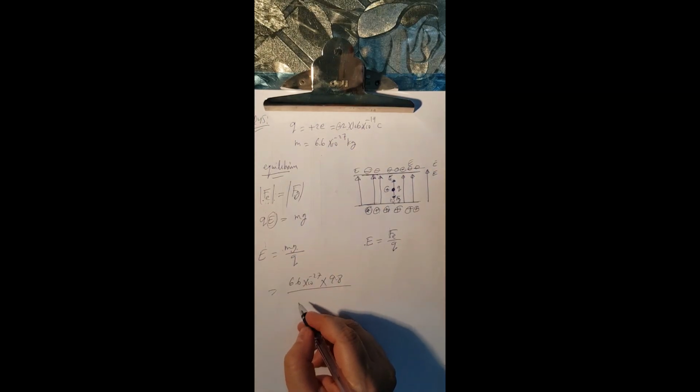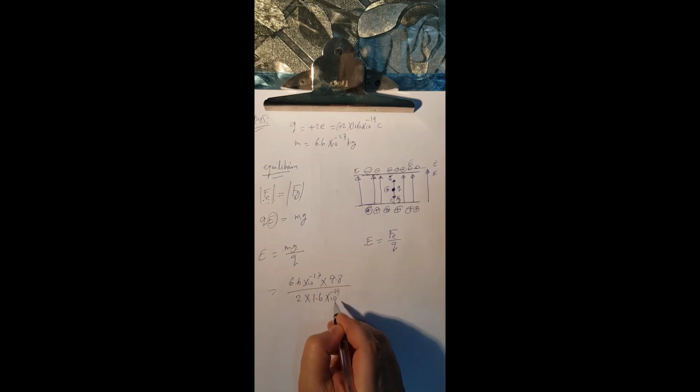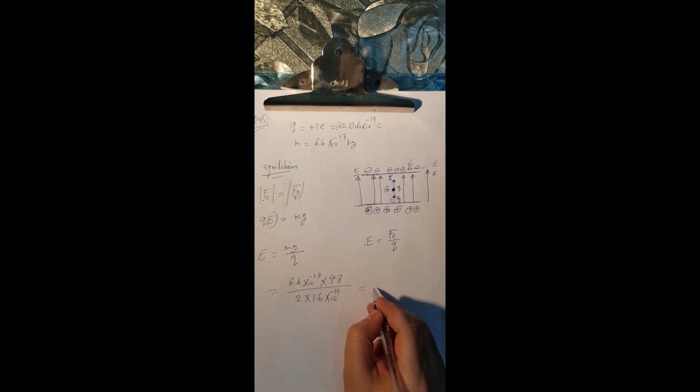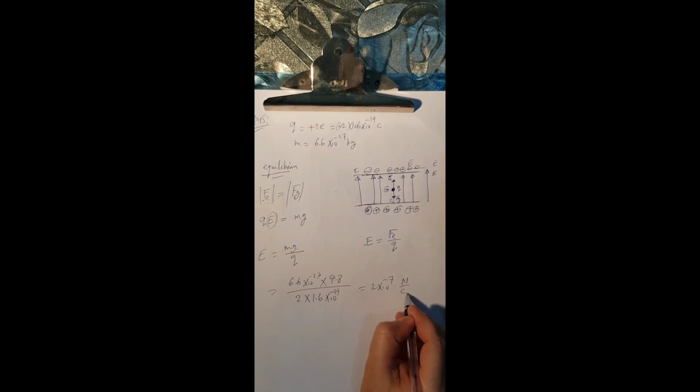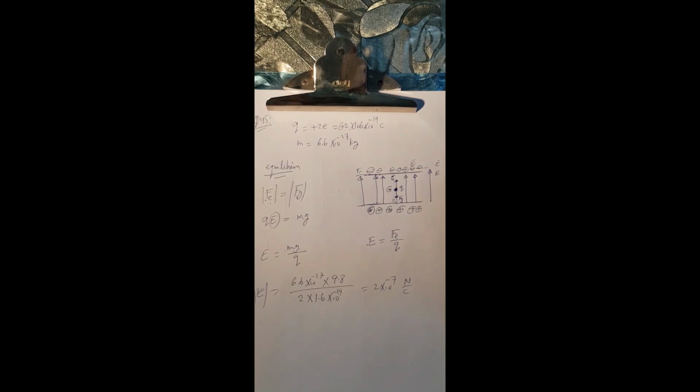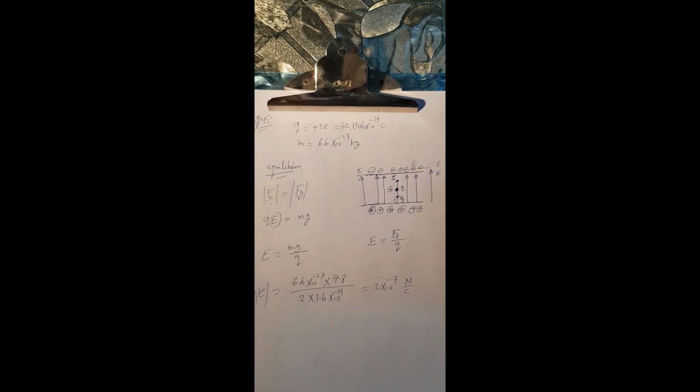So we have twice the charge of one electron, but positive. Everything is known, and this is equal to 2 times 10 to the power minus 7 newton per coulomb, the amount of the electric field which makes the charge balanced, not moving up or down. So you have the solution as well given to you.